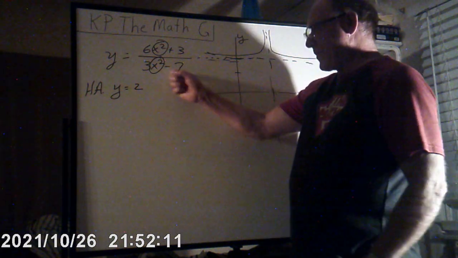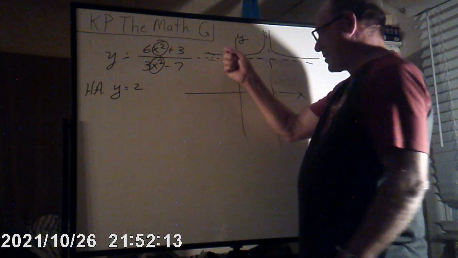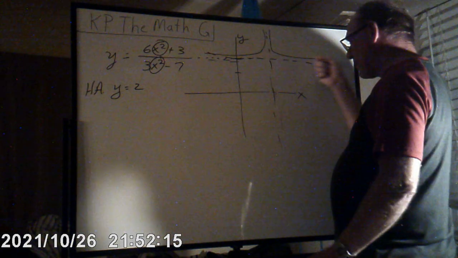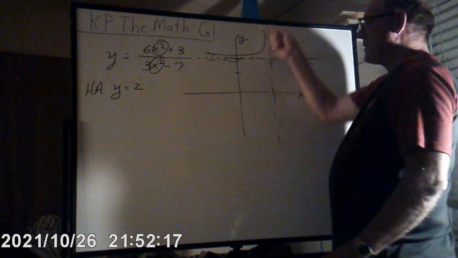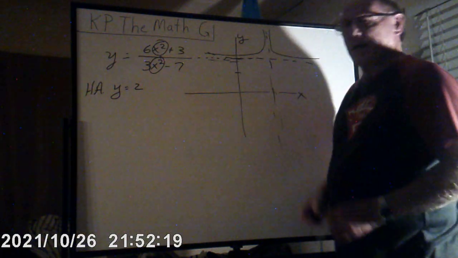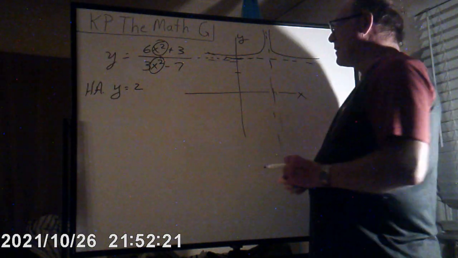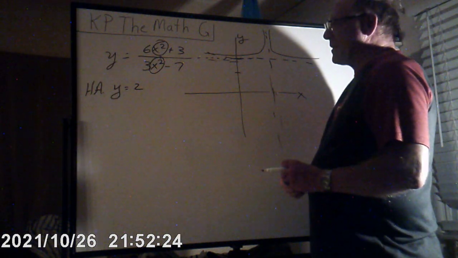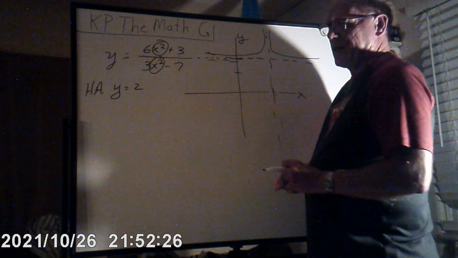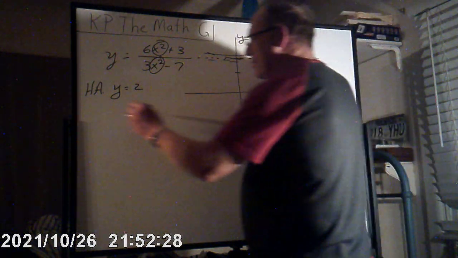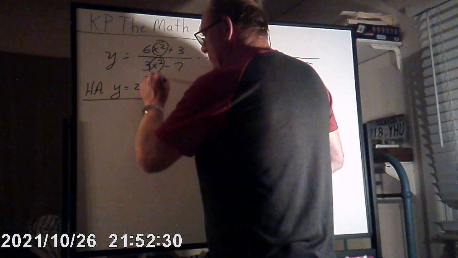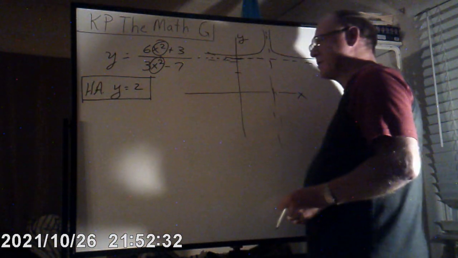Even if this is minus 7, x squared is positive. It's possible that it could do something like that. So anyway, that's how you determine it. We do know that the horizontal asymptote is y equals 2.